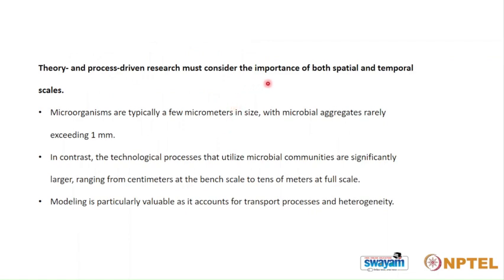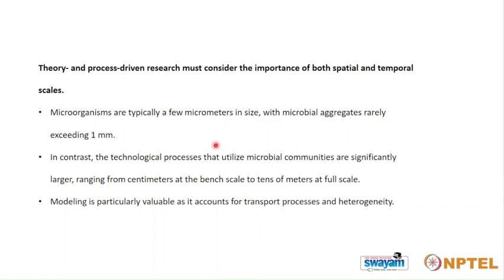In order to study a particular microbial community, we have to consider the spatial and temporal scales, which means the amount of space occupied by the microbial community, and also the kind of environment it is in. Usually microorganisms have a size in the range of micrometers, but microbial aggregates can exceed 1 millimeter.